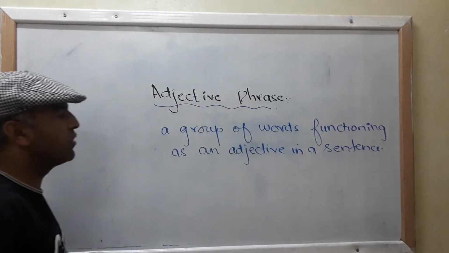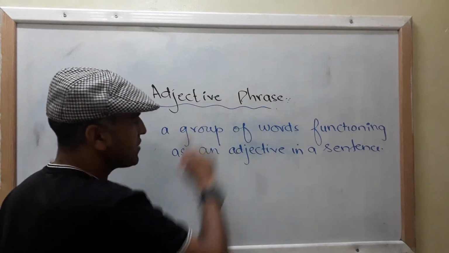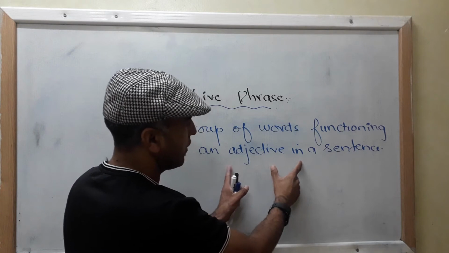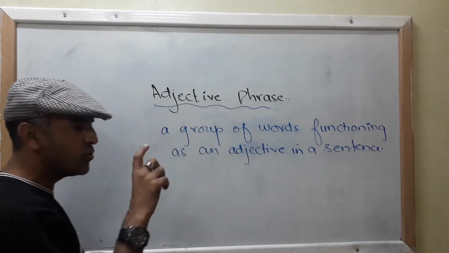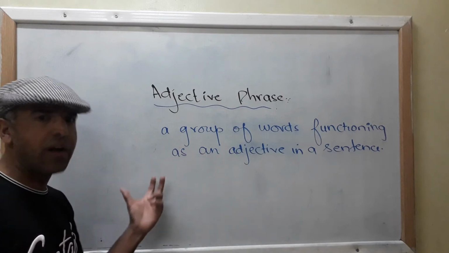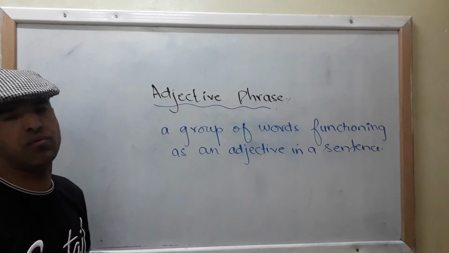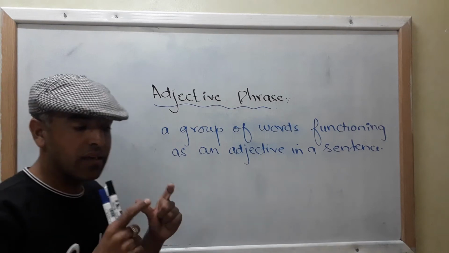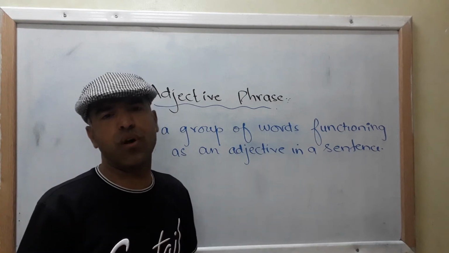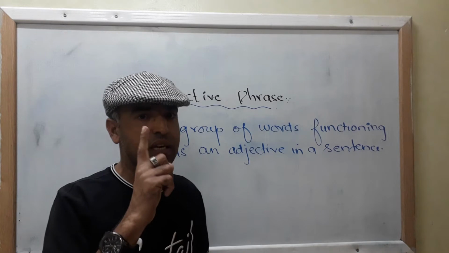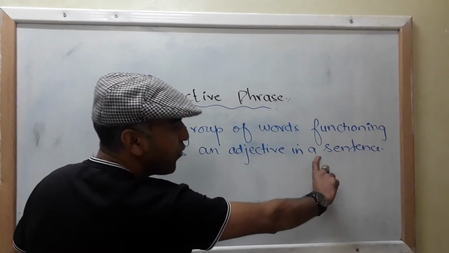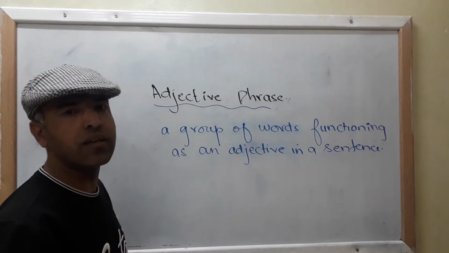An adjective phrase is nothing but a group of words functioning as an adjective in a sentence. As you know, the function of an adjective is to tell you about, describe or modify your noun or pronoun in a sentence. An adjective gives you additional information, extra information about your noun or pronoun in a sentence, as a single word. But when the same function is performed by a group of words in a sentence, that is your adjective phrase.